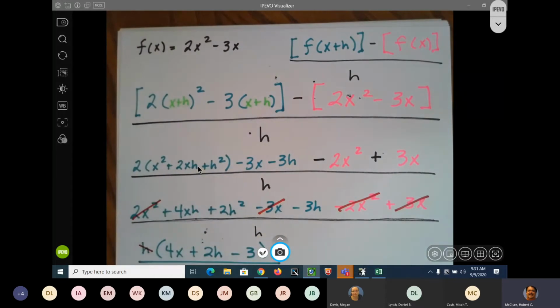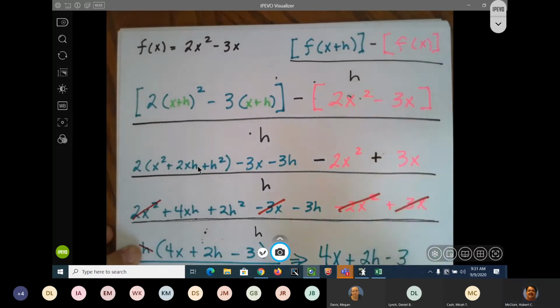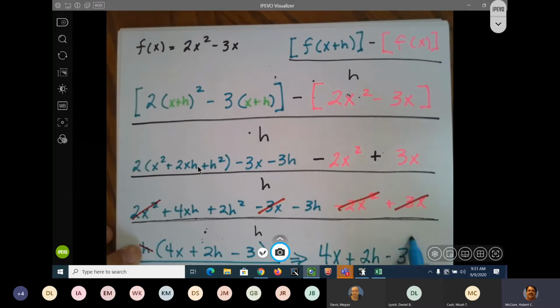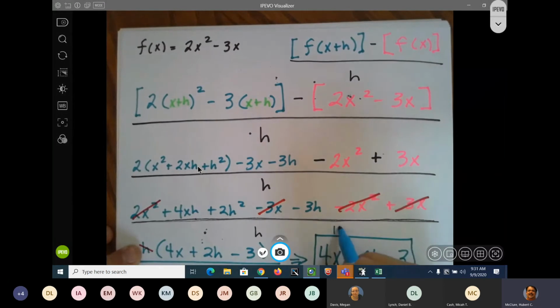Now, algebraically, this is the answer. So your answer in this class is 4x plus 2h minus 3. That's in Math 109/110. Now, why am I telling you 109, 110?